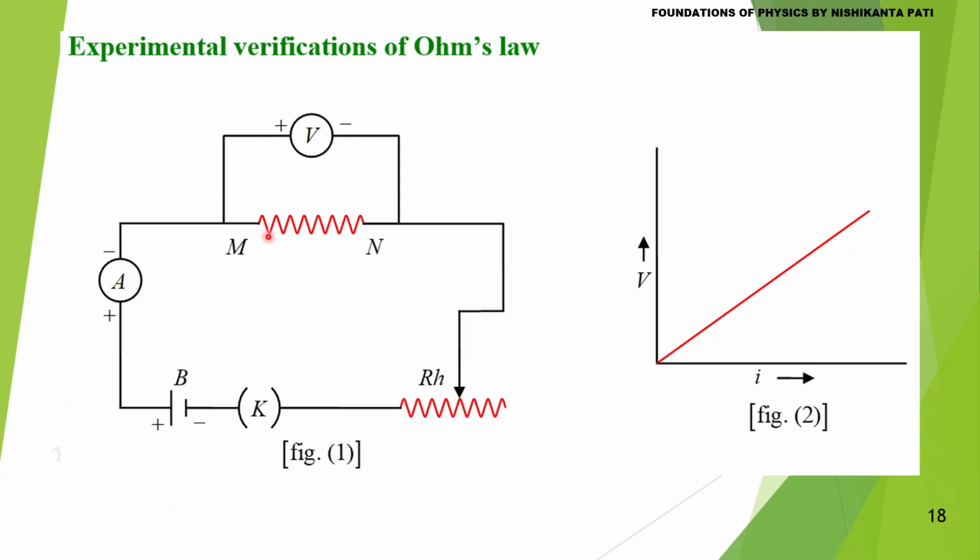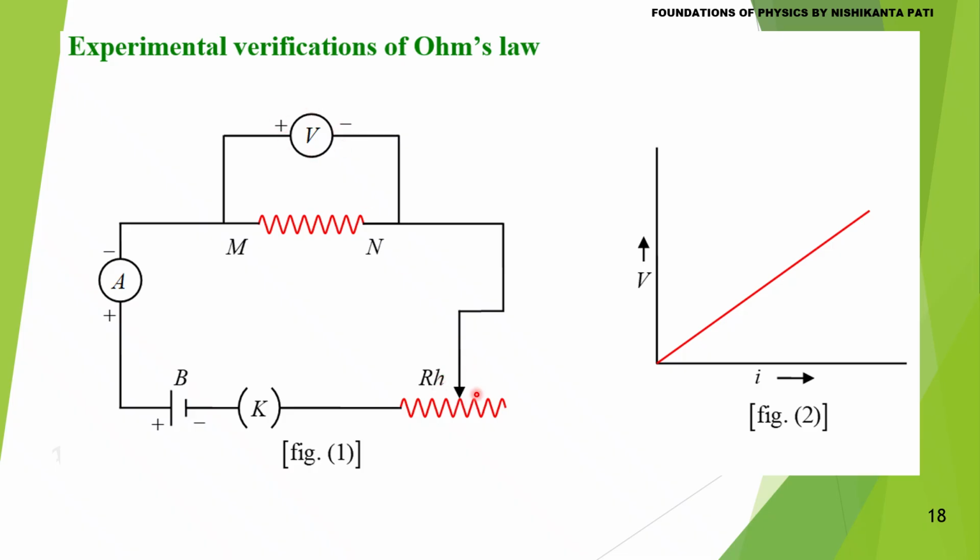To verify whether Mn is ohmic or not, the circuit is connected this way. Closing the key, the current is measured by the ammeter, and the potential difference across Mn is measured by the voltmeter.